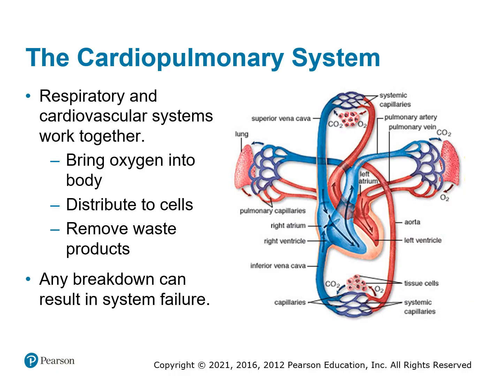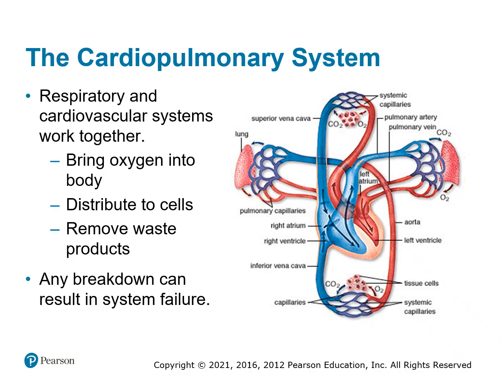What they're doing is bringing oxygen into the body, and then the bloodstream is picking up the oxygen in the lungs and distributing it to every cell in the body.